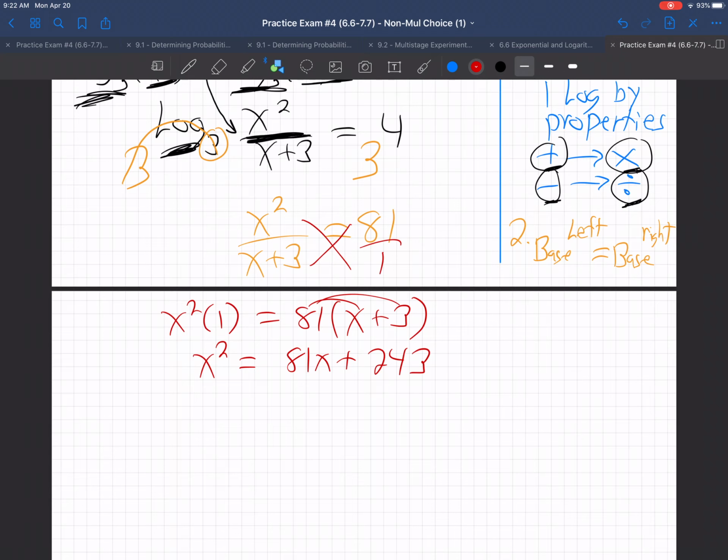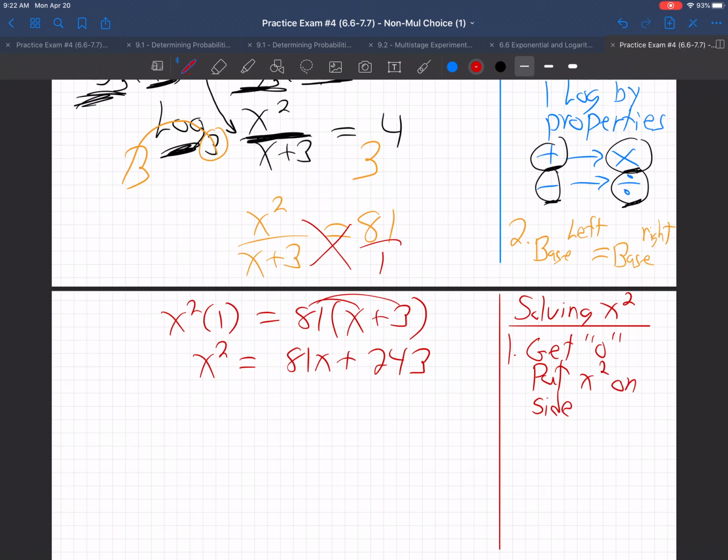And what do we do now that we have an x squared equation? How do we handle an x squared equation? Well, that's a whole new situation. Step 1, get a 0. Get a 0 on one side and put x squared on the side where it's positive x squared. So x squared is positive on the left side. If I jumped it to this side, that would not be a good plan because it would become negative x squared.